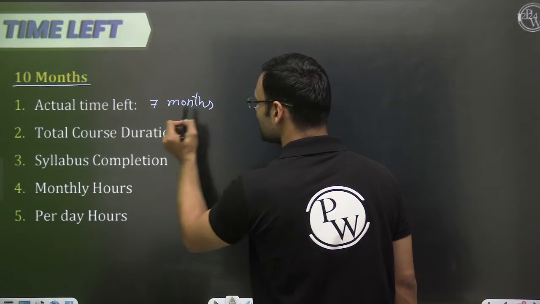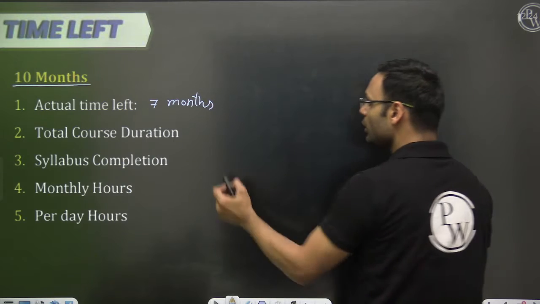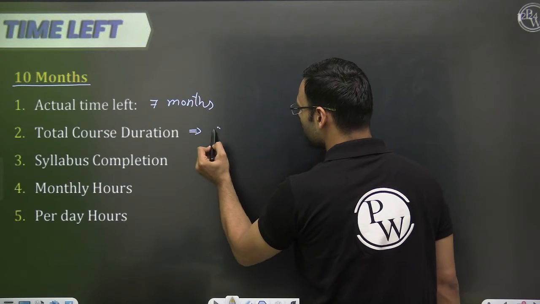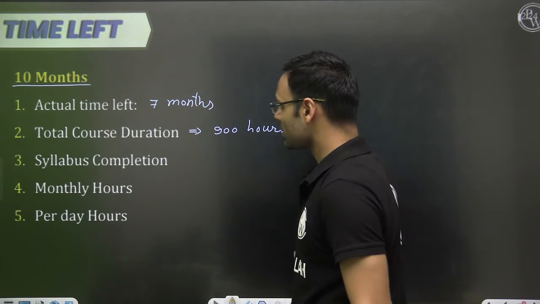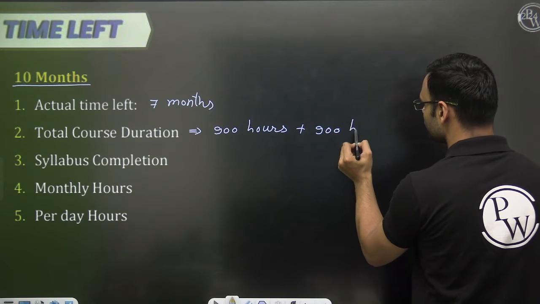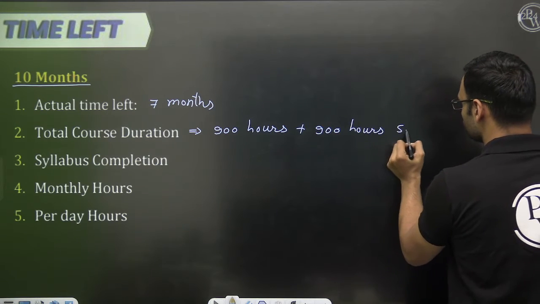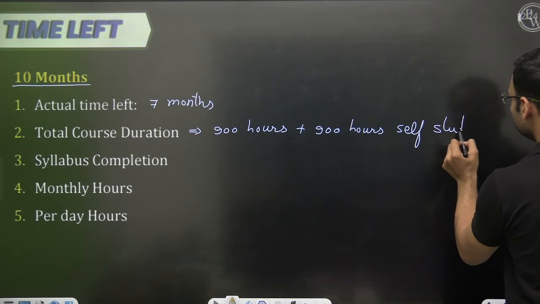In those 7 months, what will you do? The total course duration you have is approximately 900 hours: 900 hours of lectures plus 900 hours of self study. That much is needed before you complete the syllabus.